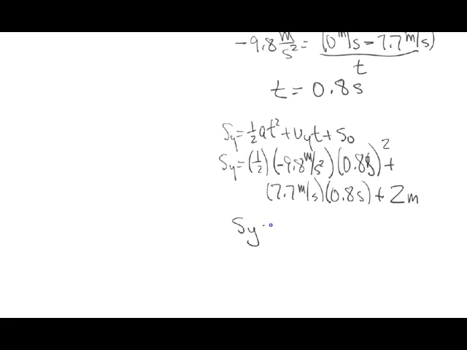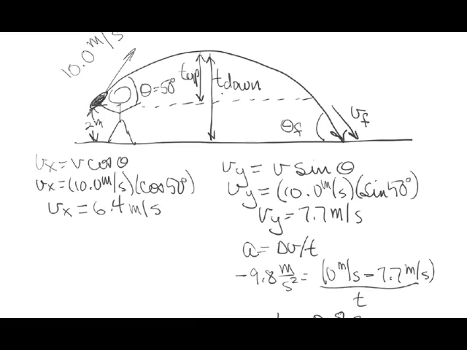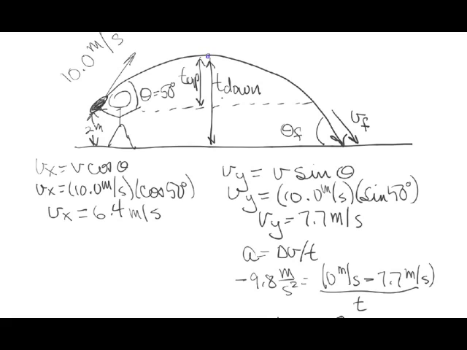And again, you've done this enough times, so s sub y is 5.0 meters. That means the top of the arc right here is 5 meters above the ground.